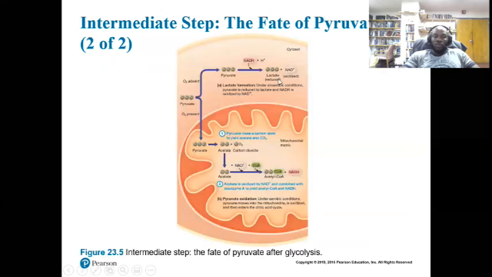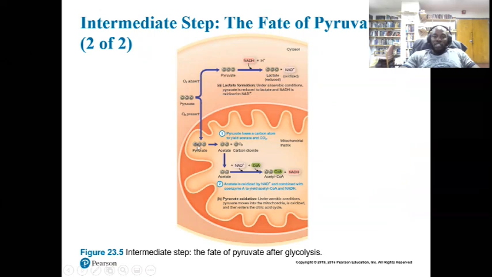All right, so pyruvate, anaerobic, lack of oxygen, it gets reduced into lactate plus an NAD that got oxidized.